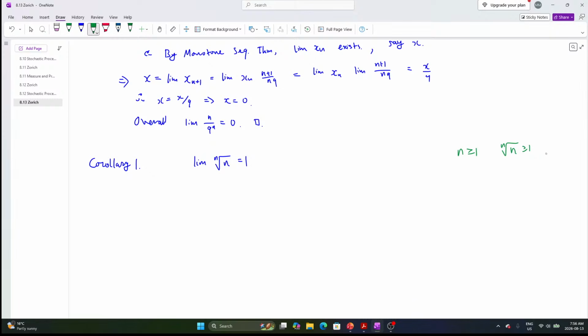So you have a lower bound. 1 is a lower bound for the sequence. And now we need to show it is decreasing. Or does it have to be that complicated though? It doesn't have to be that complicated.